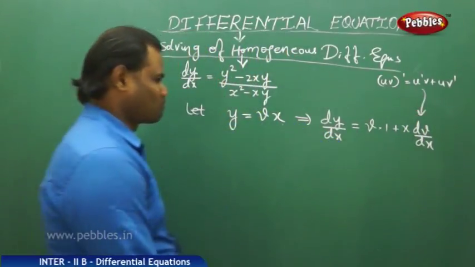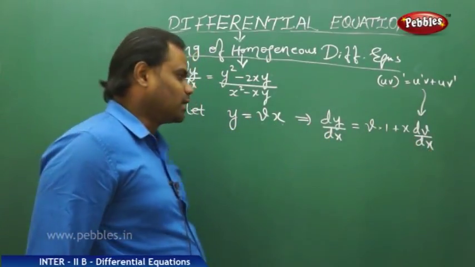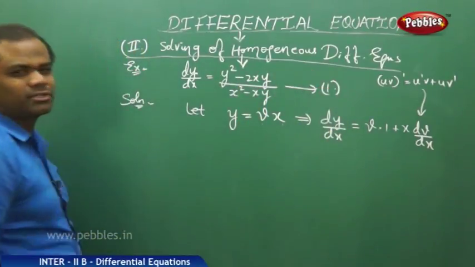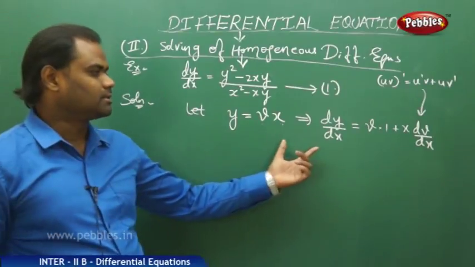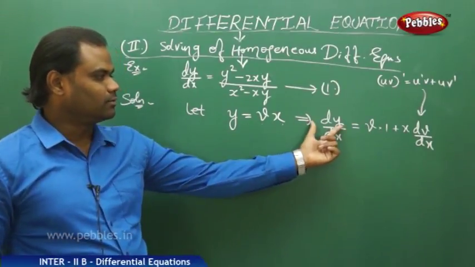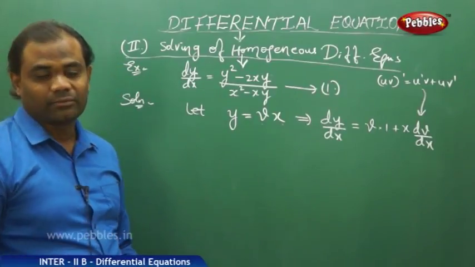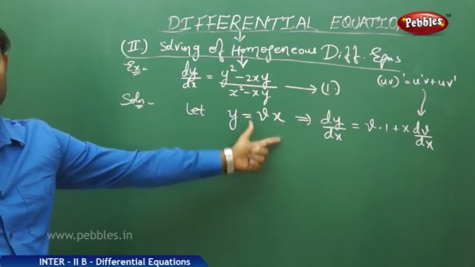So we get y is this and dy by dx is this, so that when substituted into equation 1, the whole of y is eliminated and the whole equation gets reduced in terms of v and x. That is, the dependent variable y is eliminated, reduced to v and x.